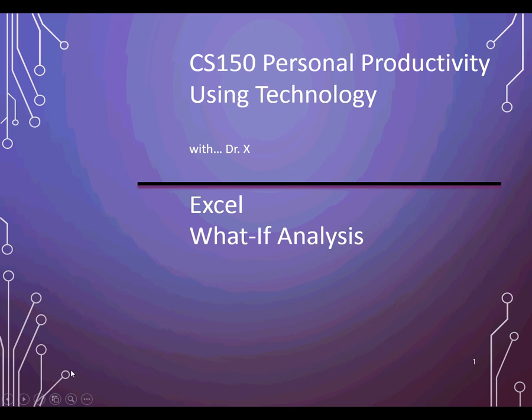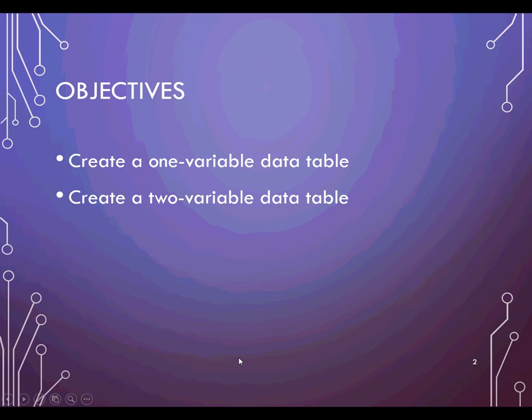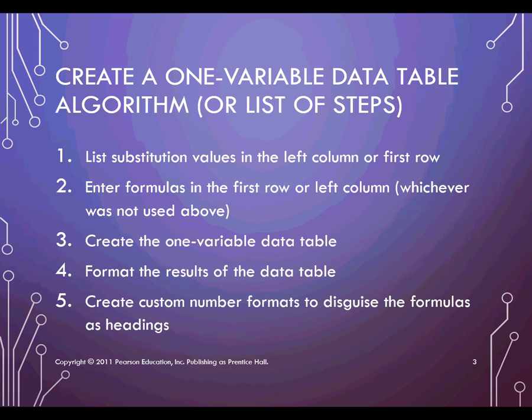So today what we're going to look at is, first, one variable data tables and two variable data tables. What is a variable? A value that can be changed to see how it affects your different scenarios. So we will have a little bit of theory, and all the slides are, as always, in your course documents. And the theory is going to be quite useful because it is an algorithm.